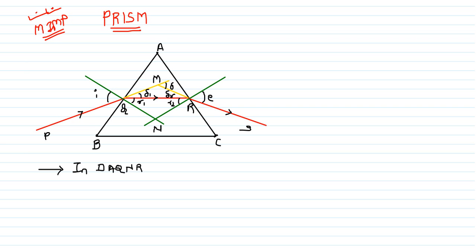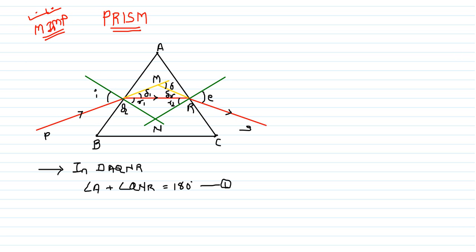Then what you can say, A plus QNR is equal to 180 degrees. You can say it is equation number 1.